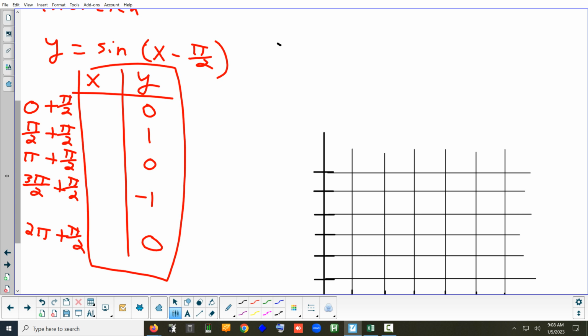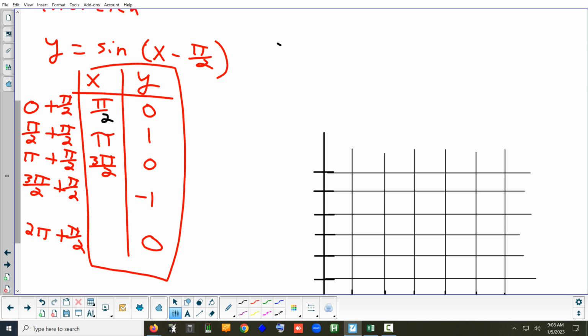Okay, Chris, can you tell me what my first x value will be? Pi over 2. Yep, pi over 2. My second x value? Pi. Okay, Matt, my third one? It's like 2 pi over. Wait, no, 3 pi over 2. 3 pi over 2. Yeah. And then Matt, my fourth one? Yeah, that's going to be 3 pi.